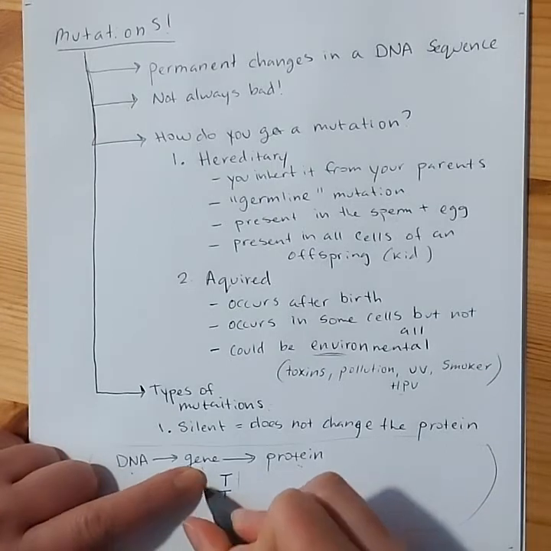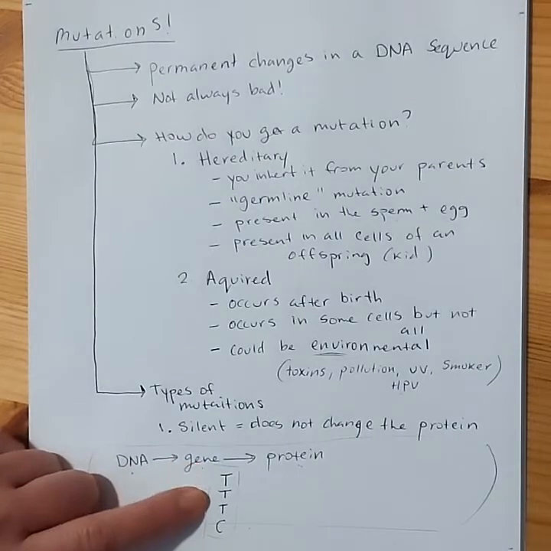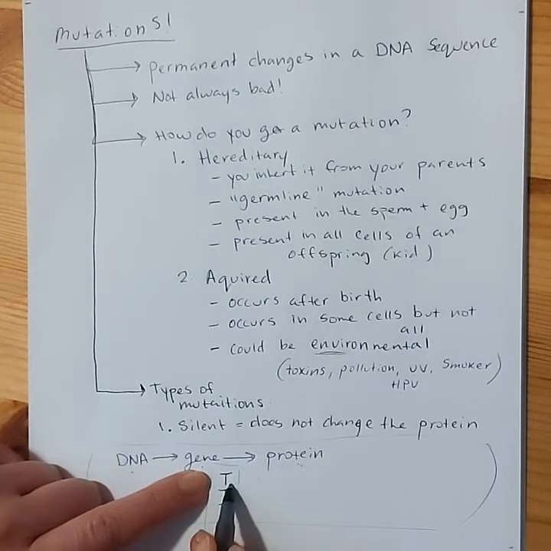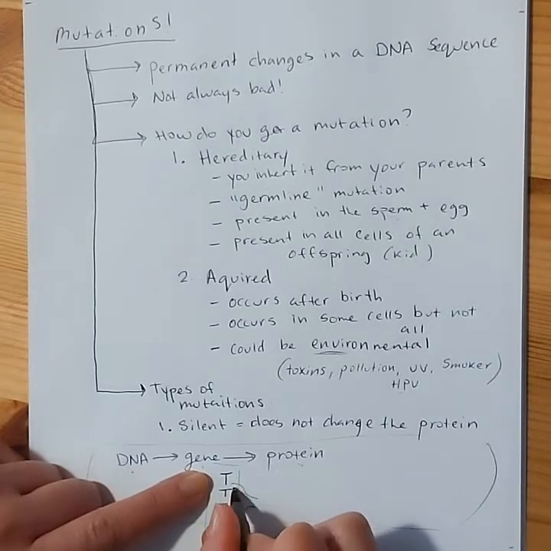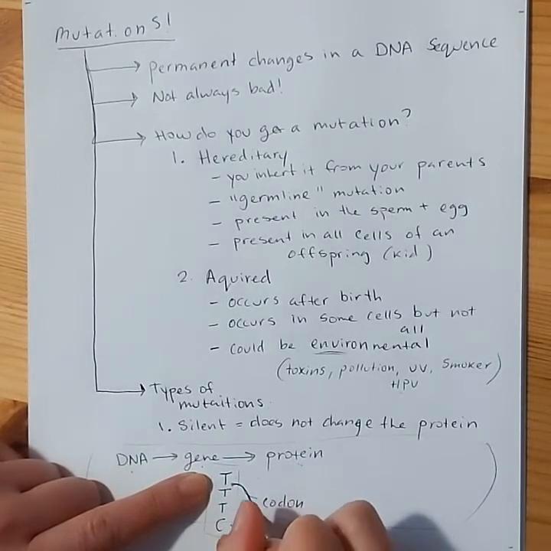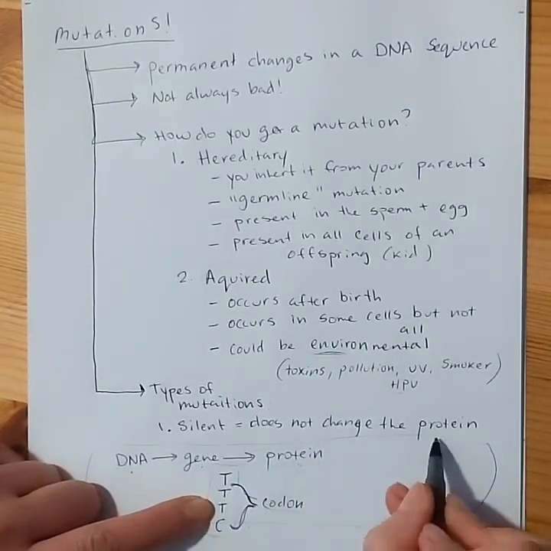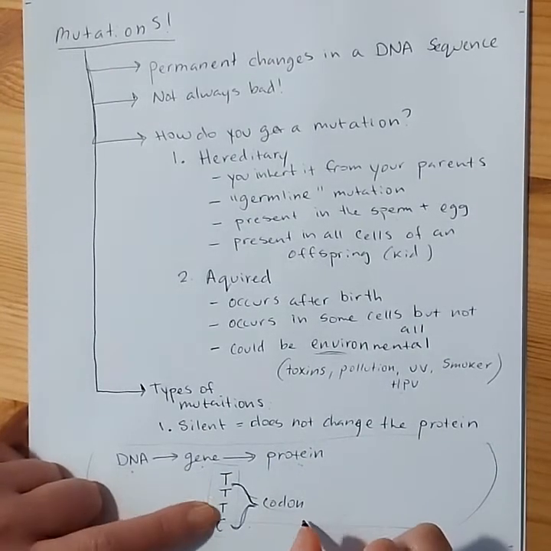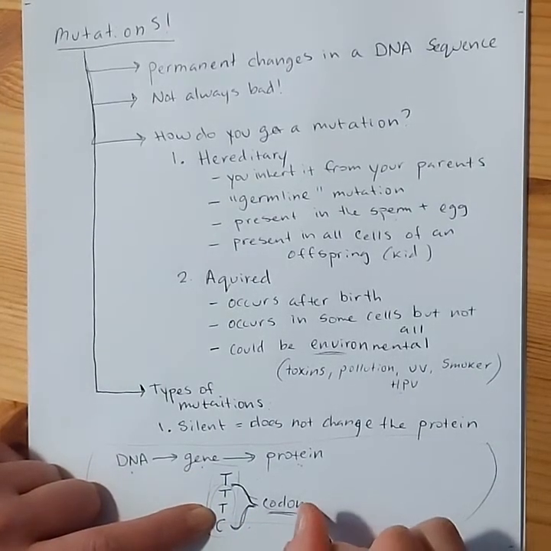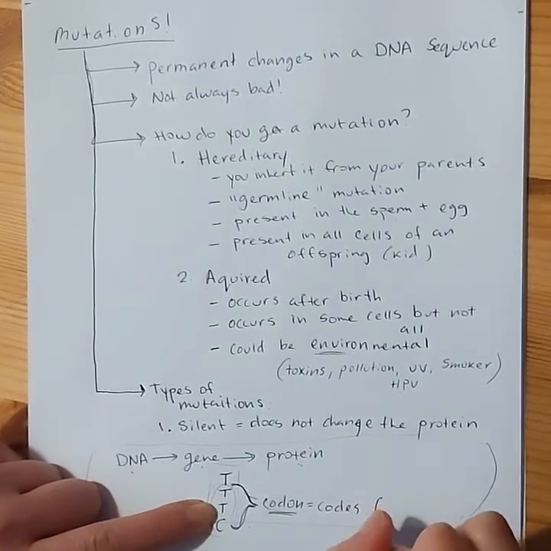So if I have this code here of DNA, and I'm only looking at one side of my DNA double helix, and I want to figure out how to make a protein from this, I'm going to read my code in 3 pieces. Those 3 pieces that we read together are called codons. And you're going to learn a lot more about this in the next chapter. This is just a brief introduction so we can explain how a silent mutation does not change a protein. Each set of 3 nucleotides is called a codon, and each codon codes, that's how I remember it, for an amino acid.